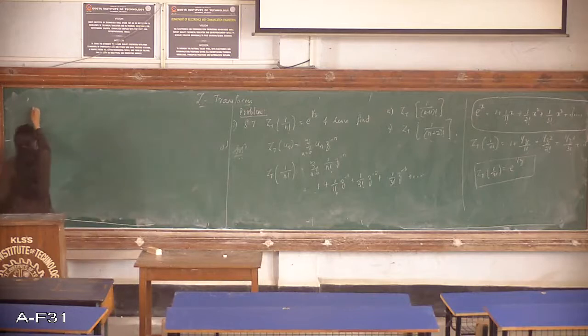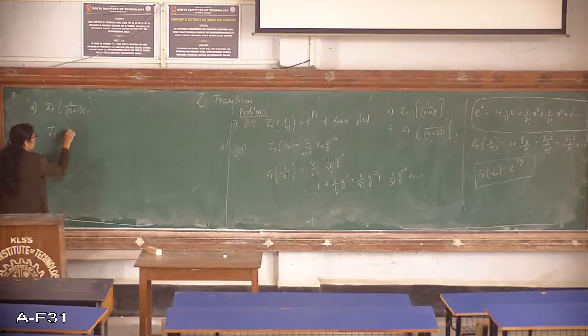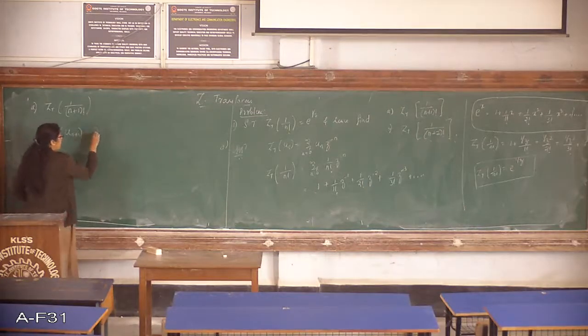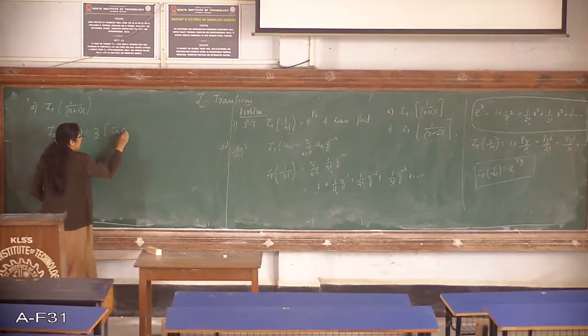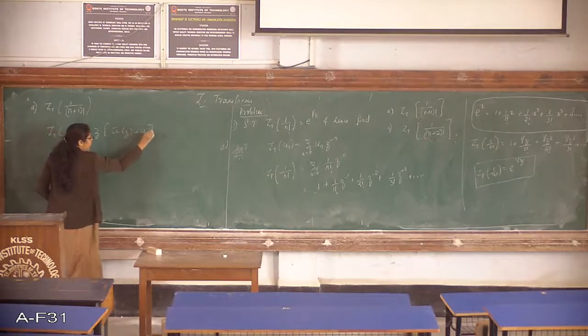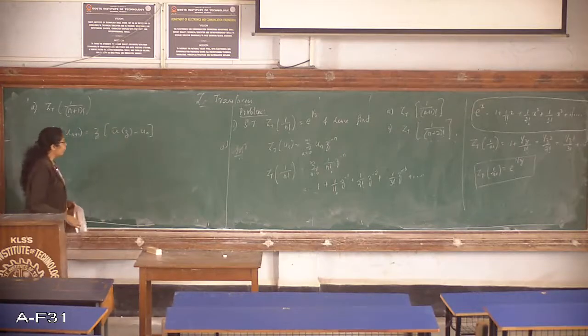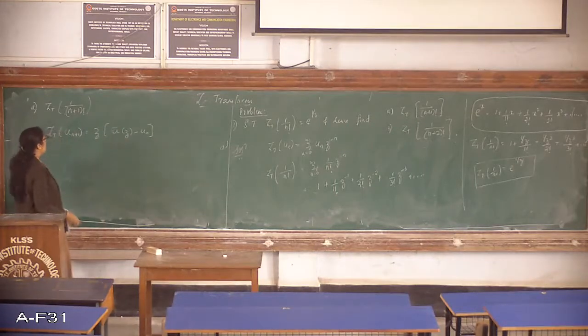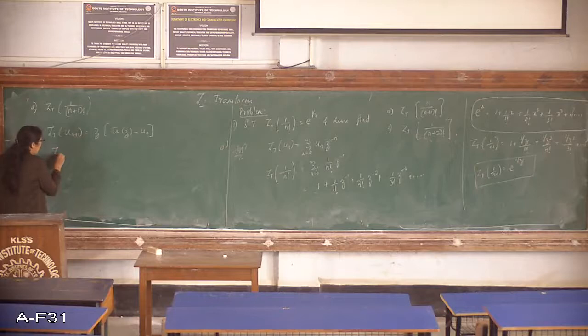Just now we had studied that Z transform of u n plus 1 is given by Z times u bar of Z minus u naught. By the left shifting property, we had also discussed in the note. I have used the first note on it. Now what I want is Z transform of 1 by n plus 1 factorial, right?